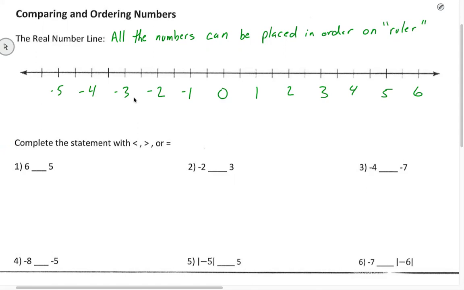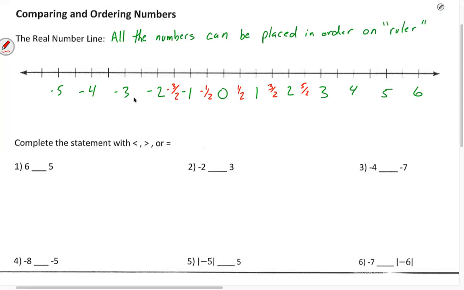Even in between we have fractions. I skipped the space in between because we can have 1/2 in here, or 3 halves, and then 5 halves. We can keep doing that in the positive direction and also in the negative direction.